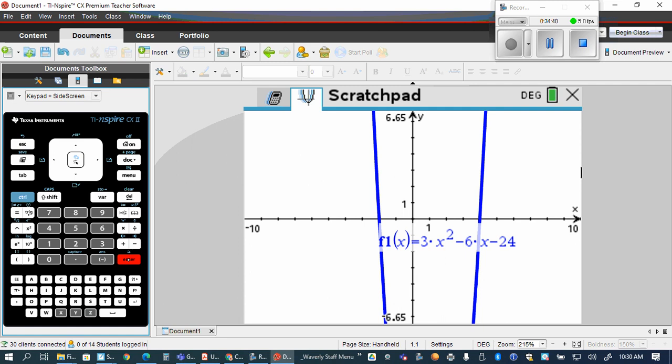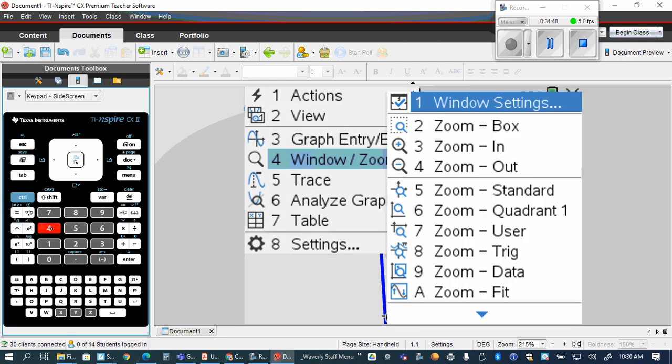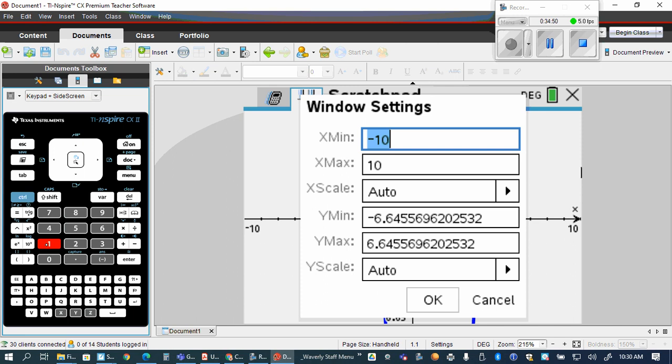Oh, I didn't change my window. Menu, I guess it's not super important with this one, but let's see. -5, 5. It's what's on the graph in your page.